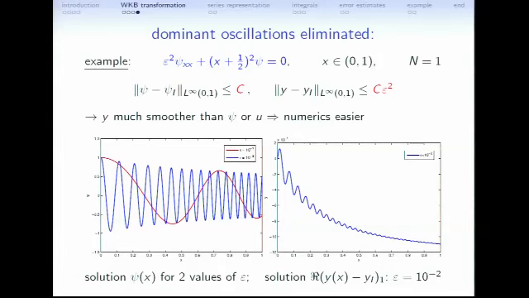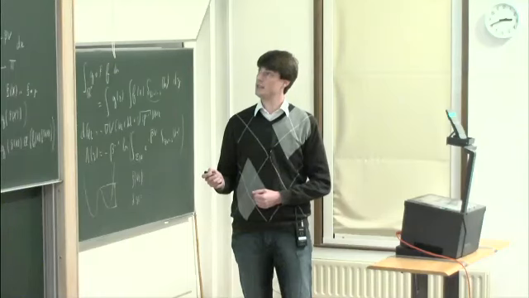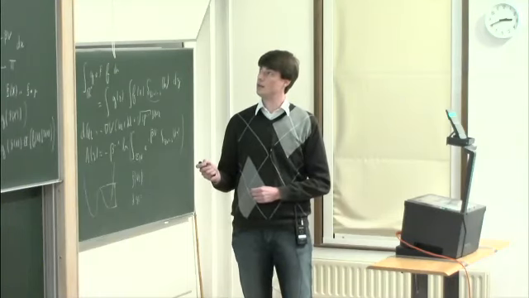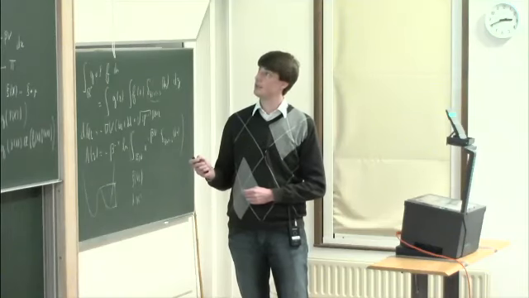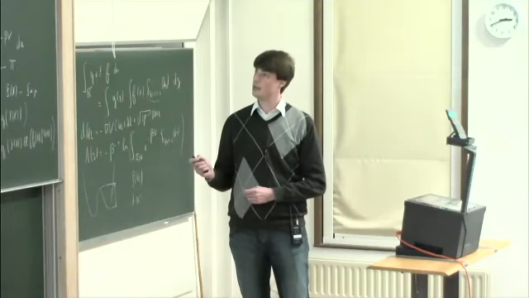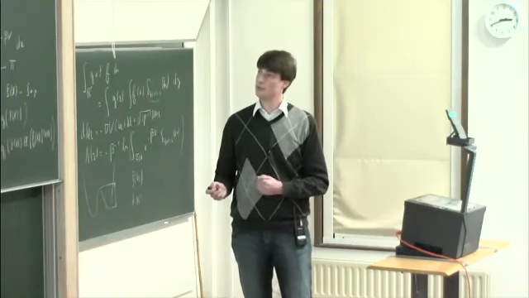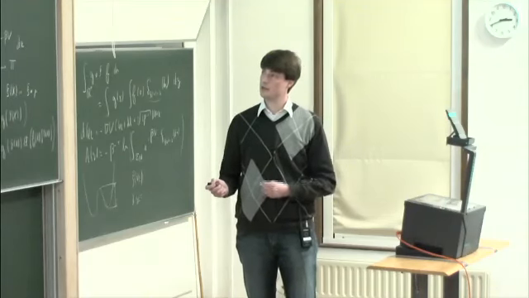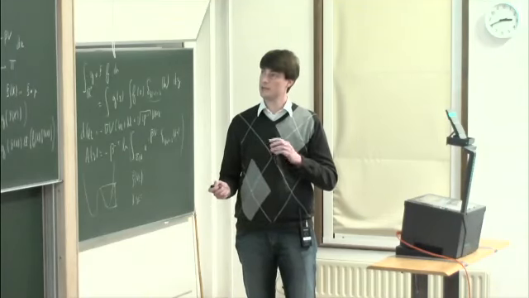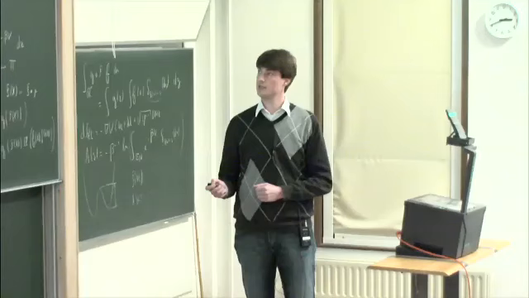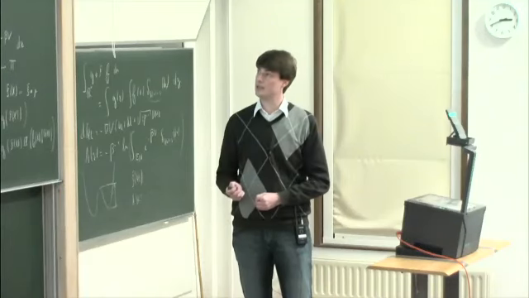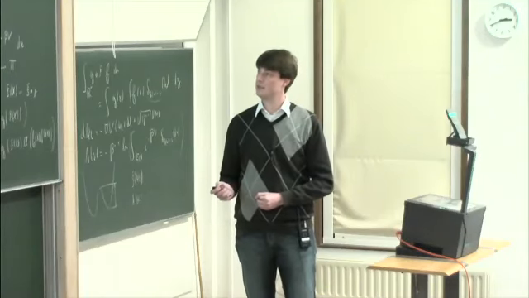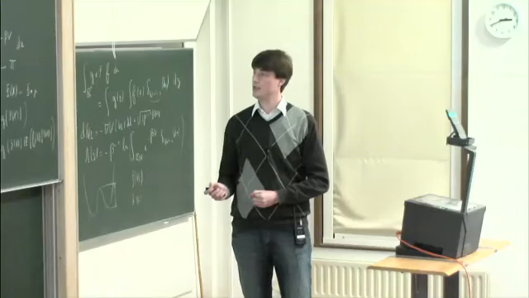On the other hand, if you now do the same for the transformed quantity, you see that the new quantity y oscillates around the initial condition with order epsilon squared. So here I explicitly put n equal to 1. This means that this new quantity y is in some sense much smoother, because we damp the amplitude of the oscillation, and hence the numerics are easier.